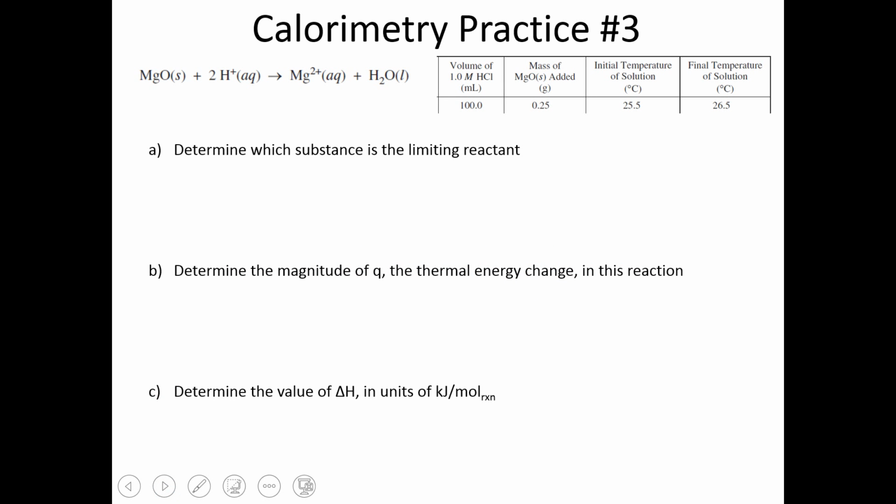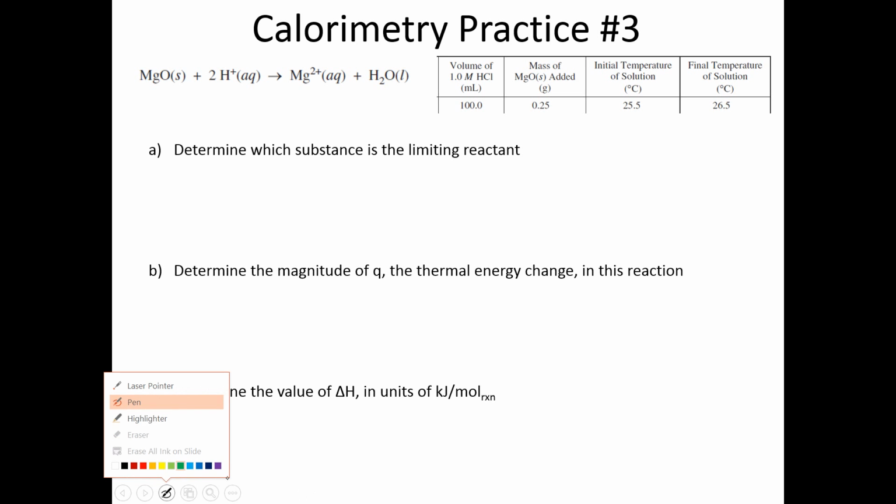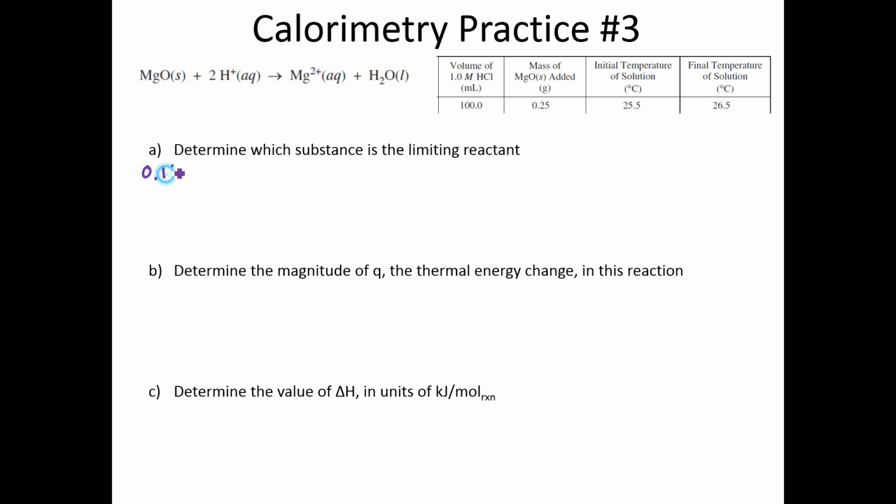So let's think through this scenario. First step, which substance is the limiting reactant? Let's look at your HCl. We've got 1 molar HCl, and you've got 100 mL of it, which is 0.1 liters. So that means we have 0.1 moles of HCl.